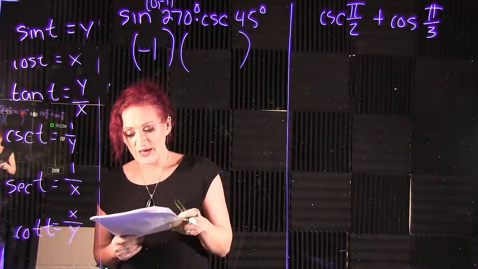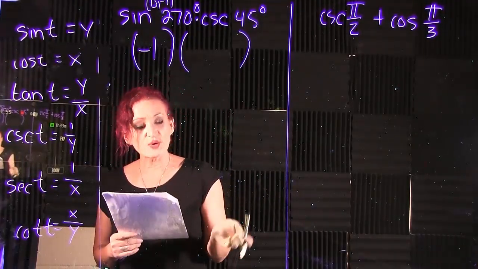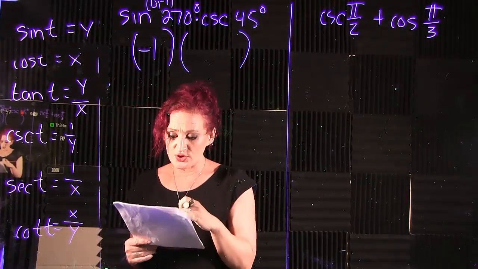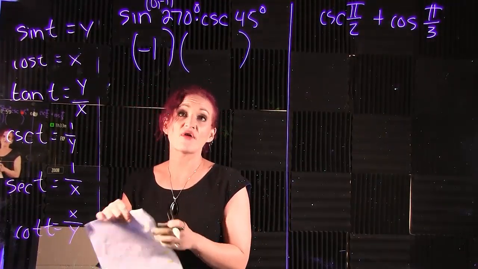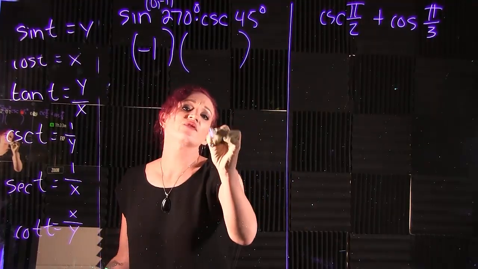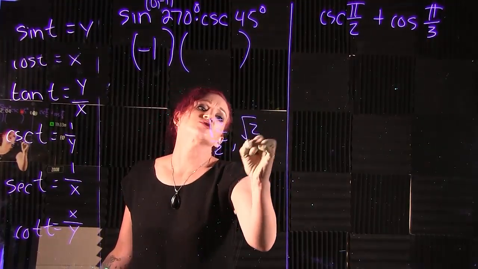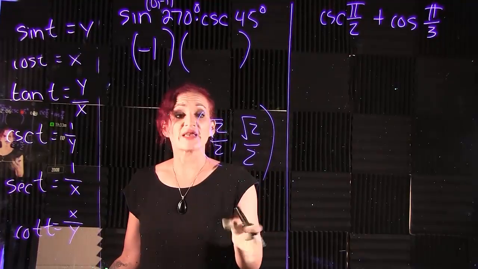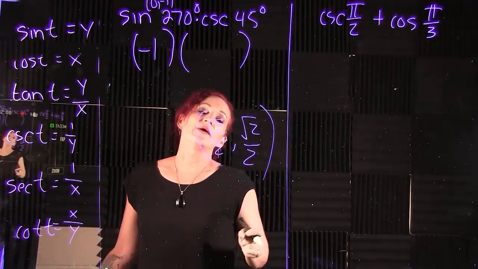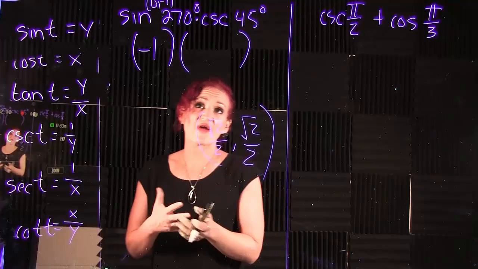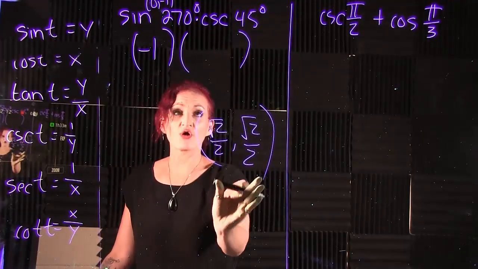Now, if we look at cosecant of 45, you would go to the angle 45 on your unit circle. The point for that is (square root of 2 over 2, square root of 2 over 2). So that is the trig value we need for 45 here.